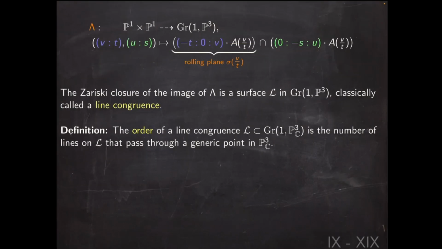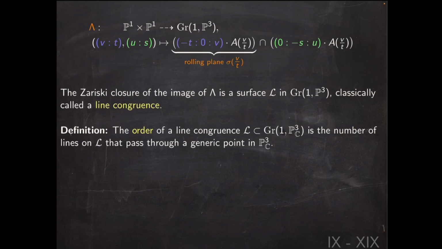Okay, and now a surface in the Grassmannian has a sort of bidegree. So typically one talks about the order and the class of the congruence. The order of such a surface is the number of lines, orange lines in my picture, that pass through a generic point.